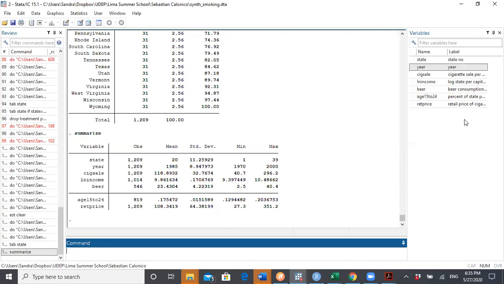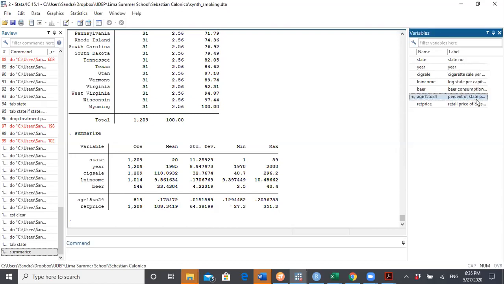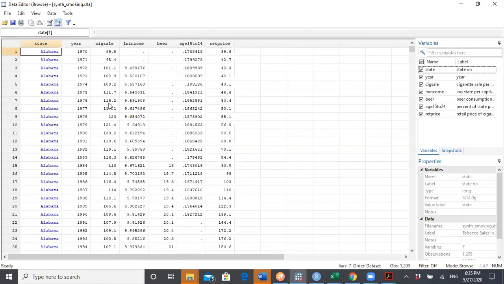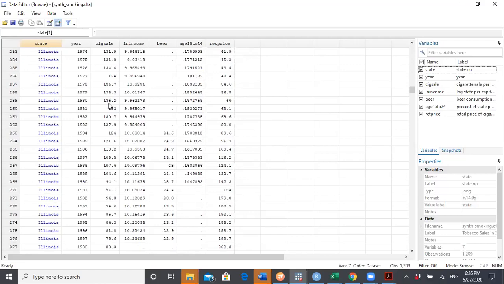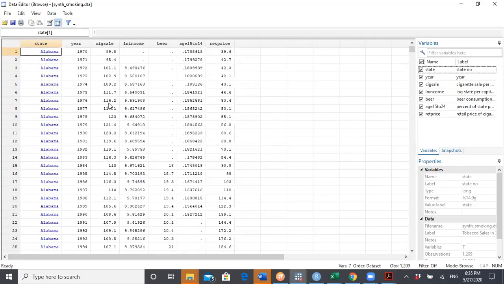And then age 15 to 24 is just the percentage of the state population in that age category. And then retprice is the retail price of cigarettes. Okay, and then you can just browse your data. I like to do this. So it's ordered. I'm just going to sort it by year.